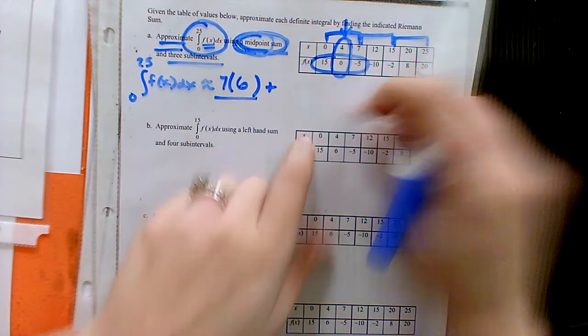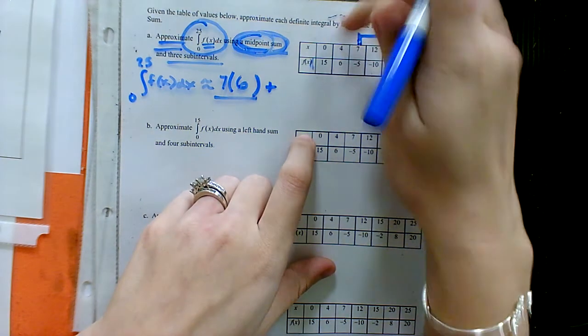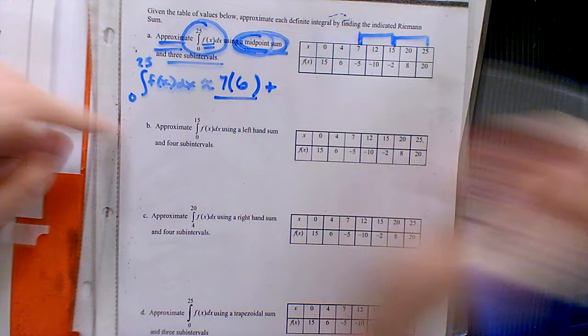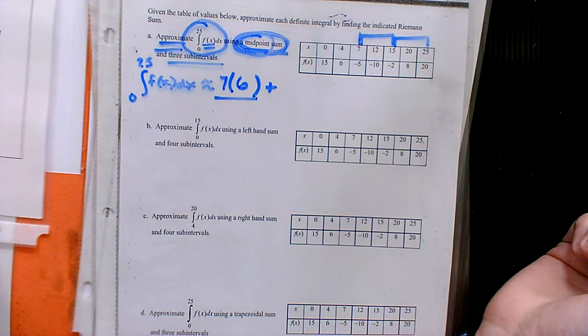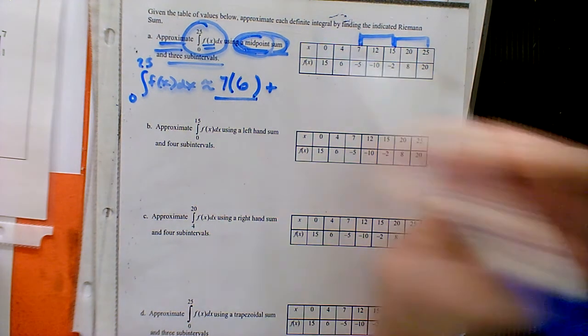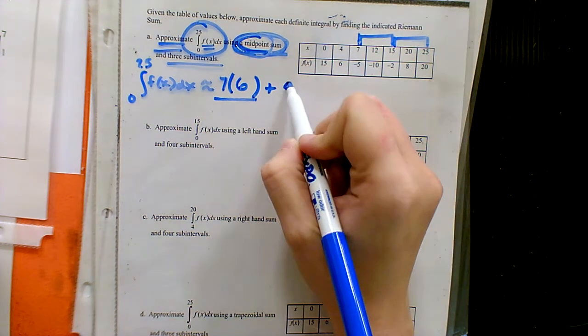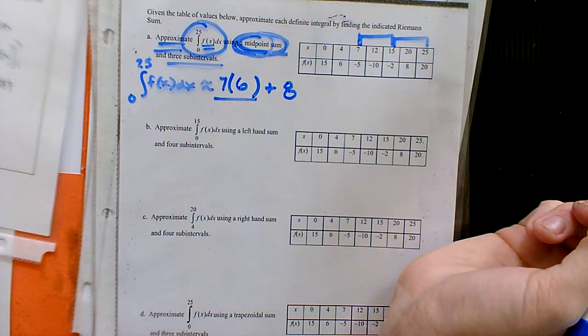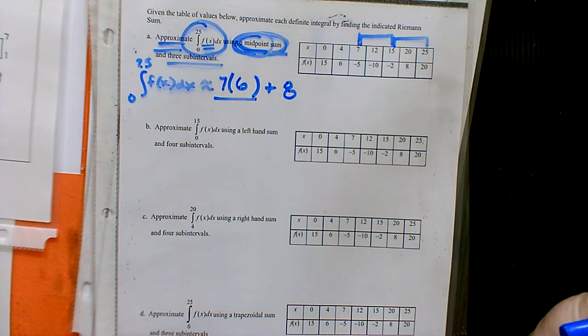All right, so here's the area for our first rectangle. Let's try the next rectangle. So the next rectangle we said goes from 7 to 15. So our base length would be 8. Okay. This is also something different from the graphs.